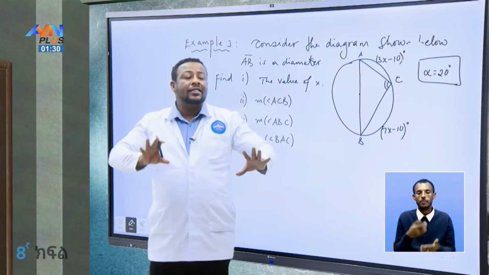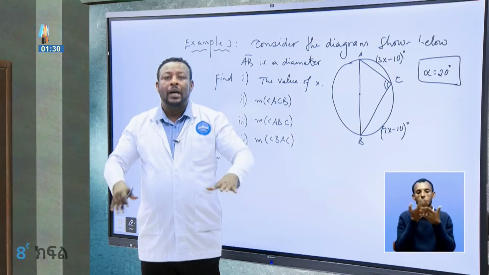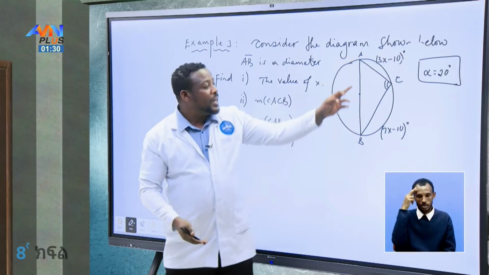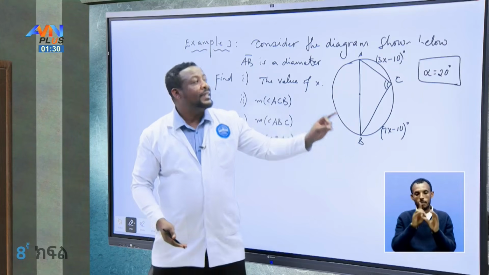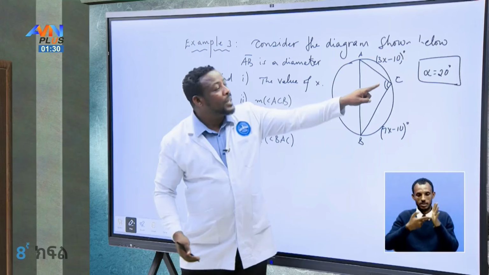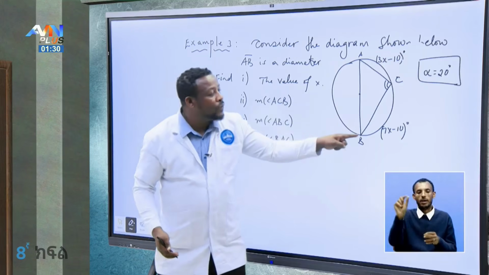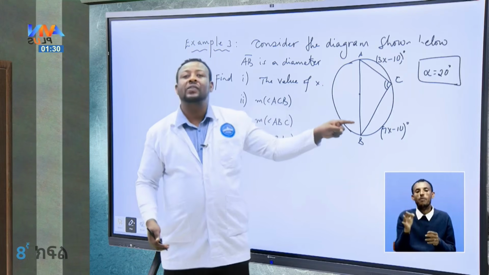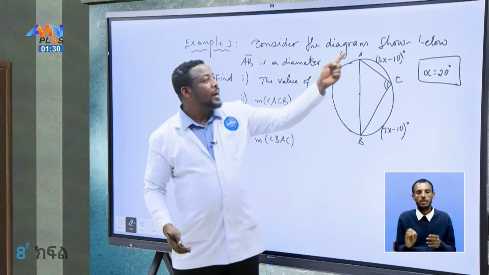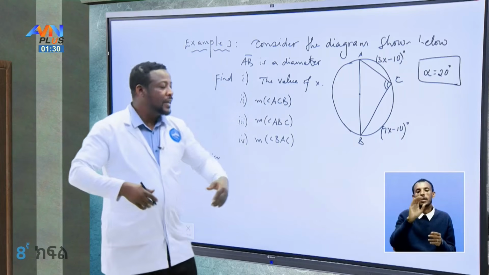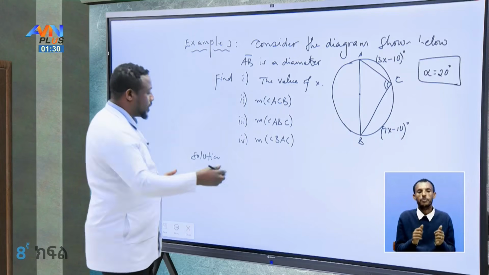Here you can answer this by observing. Because AB is a diameter, the subtended arc is half of 360 degrees. Angle ACB is subtended by a semicircle.